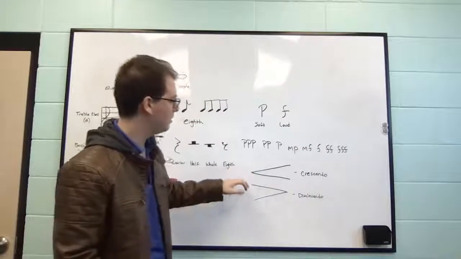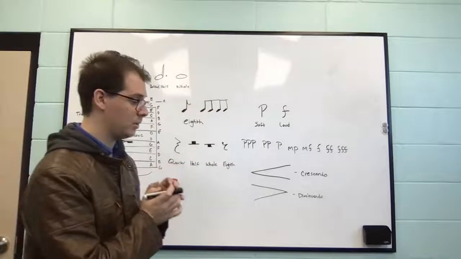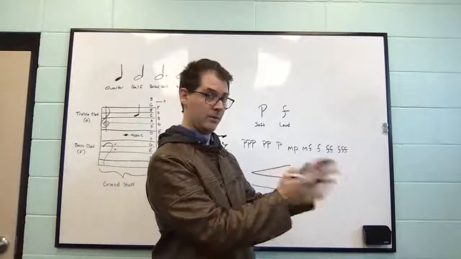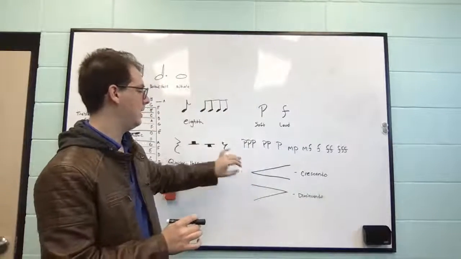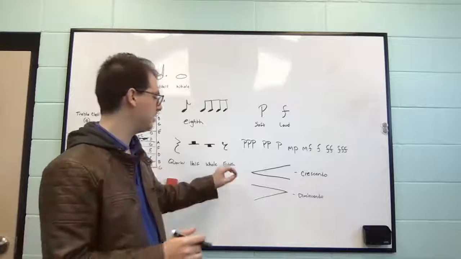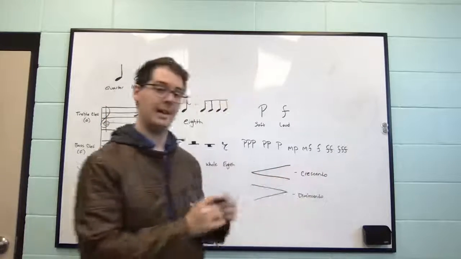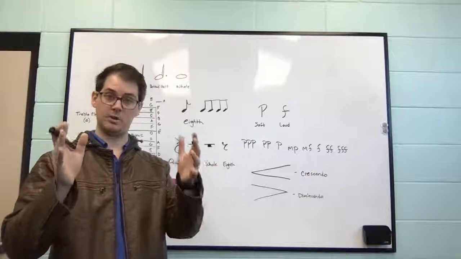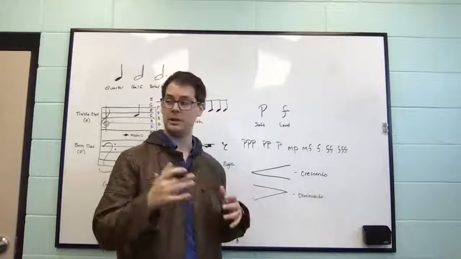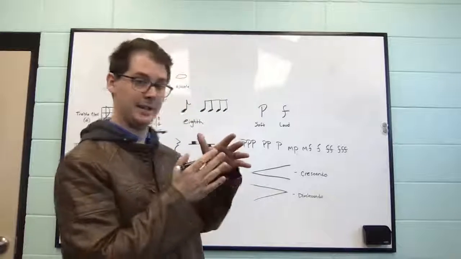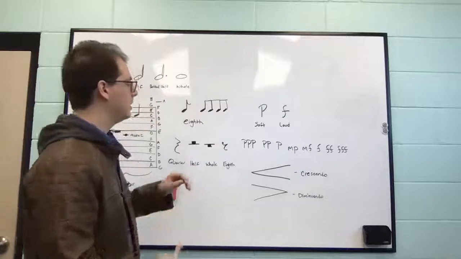Now, when we get down to crescendo and diminuendo, it's wanting you to gradually grow from whatever you're at. So if I was at piano, and let's say for the next two measures, it wanted me to gradually grow and get to forte over the span of those couple of measures. Okay. Same way again with diminuendo, to gradually get softer over a period of time.